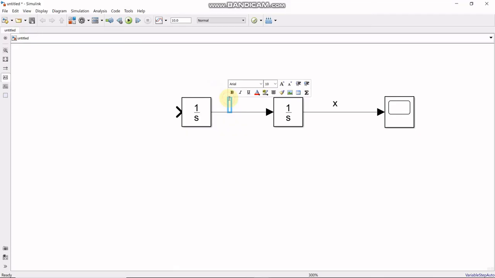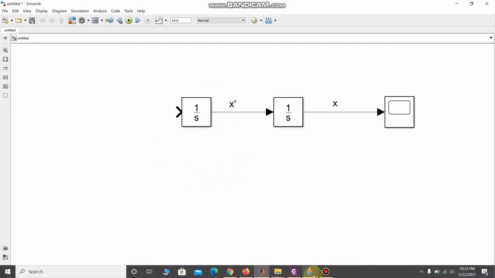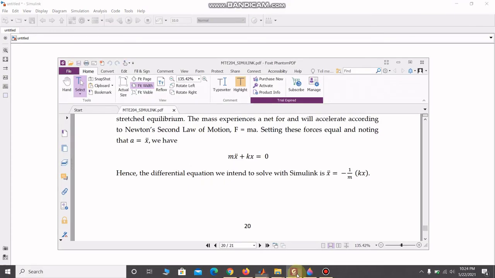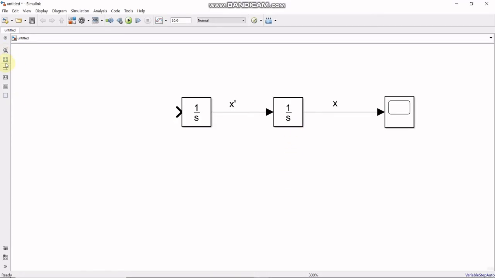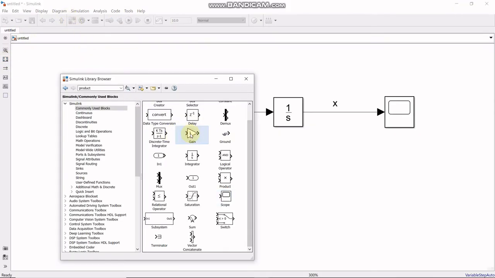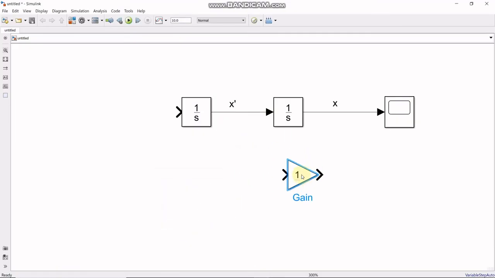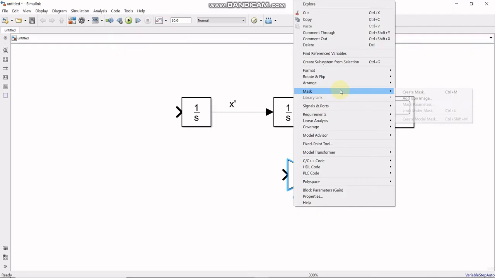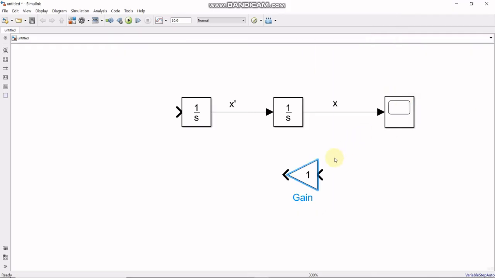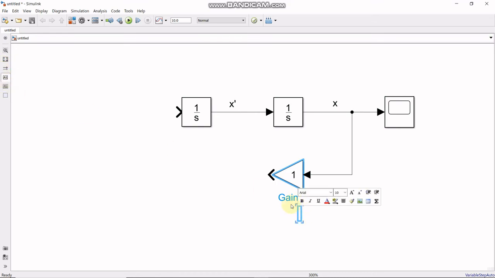So the x prime. Okay, so we need kx at some point here. So let me use my gain block for my k value. So let me just flip this block. Flip the block. So this will be my k, so whatever the value of k is will come in here.